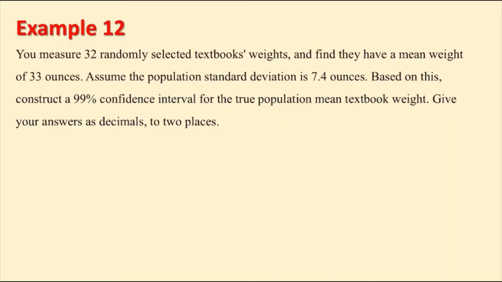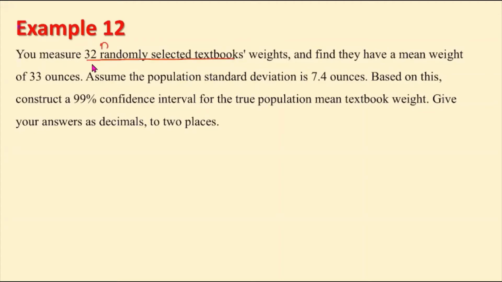Okay, example 12. You measure 32 randomly selected textbooks' weights and find they have a mean weight of 33 ounces. Assume that the population standard deviation is 7.4 ounces. So your sample size is 32 here, n equal to 32.